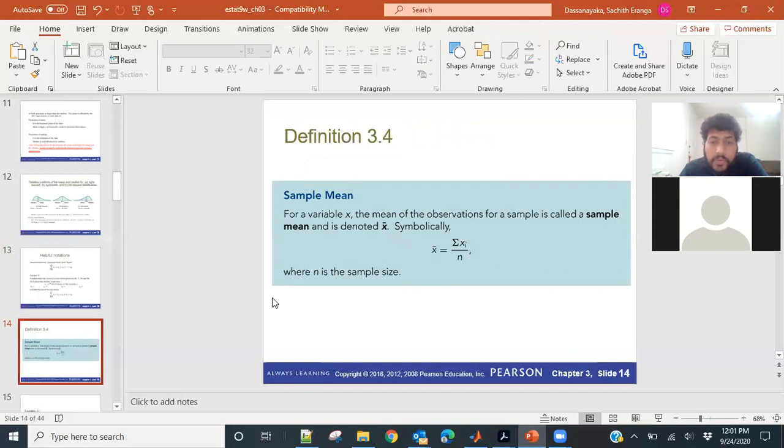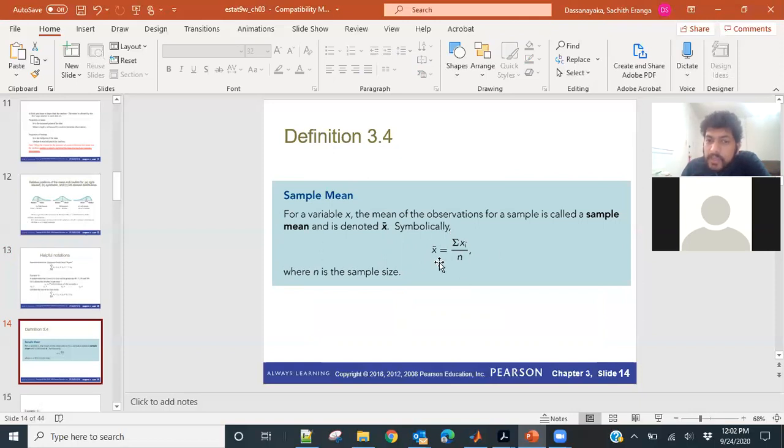Before I go to the sample standard deviation, the sample mean. Sample mean is exactly the same idea behind the mean. Sample mean is the mean of this particular sample: summation of all the values in your sample data set divided by the number of observations.